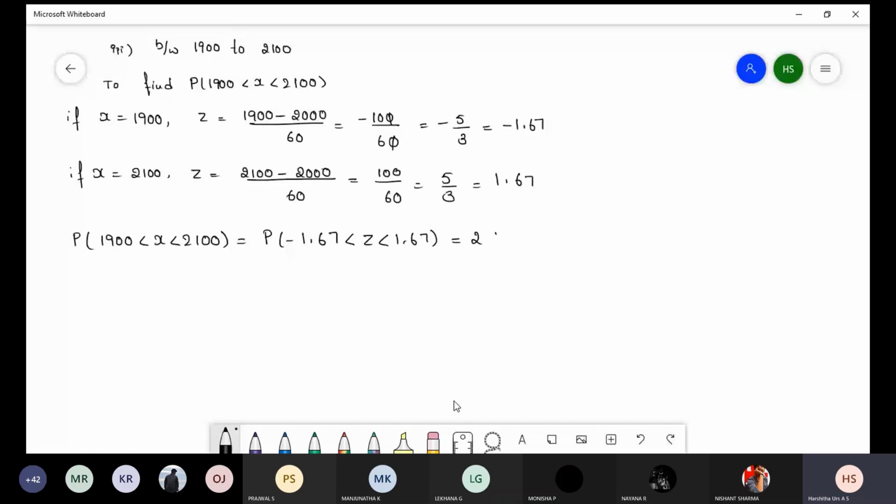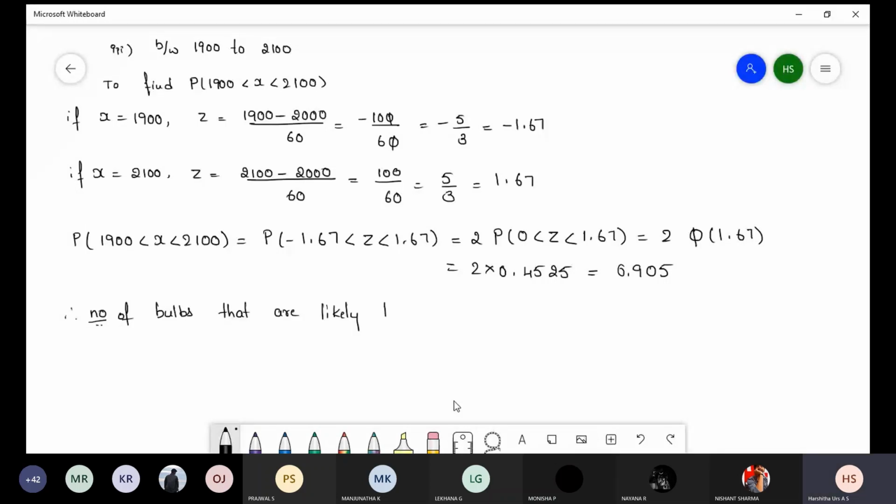So in the first problem, we already found the value for 1.67, so directly we can write 2 into 0.4525, which is 0.905. Therefore, the number of bulbs likely to last between 1900 to 2100 hours is 2500 into 0.905, which is 2262.5. So we can write 2263.